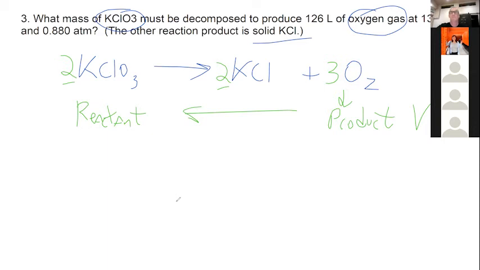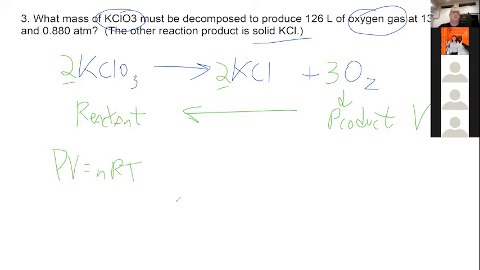Number of moles. Bingo. Yes, we need to convert that to moles, but how are we going to do that? PV=nRT. The answer to all of our dreams and all of our nightmares. Yes, of course. So write down PV=nRT.